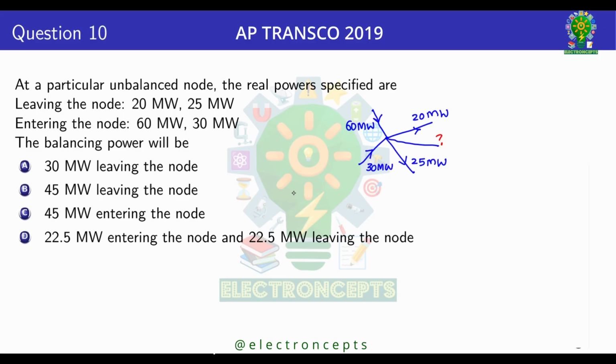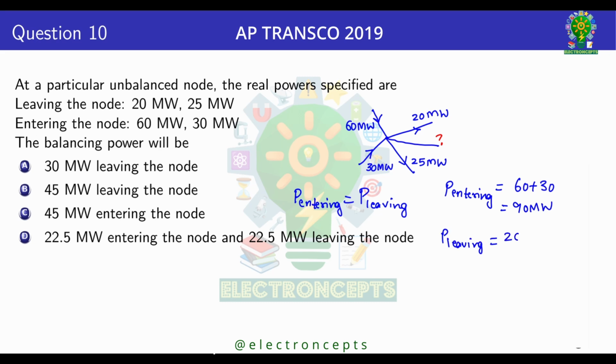We know that from KCL, entering power is equal to leaving power. Entering power is equal to 60 plus 30, which is equal to 90 megawatt, and leaving power is equal to 20 plus 25, which is equal to 45 megawatt.